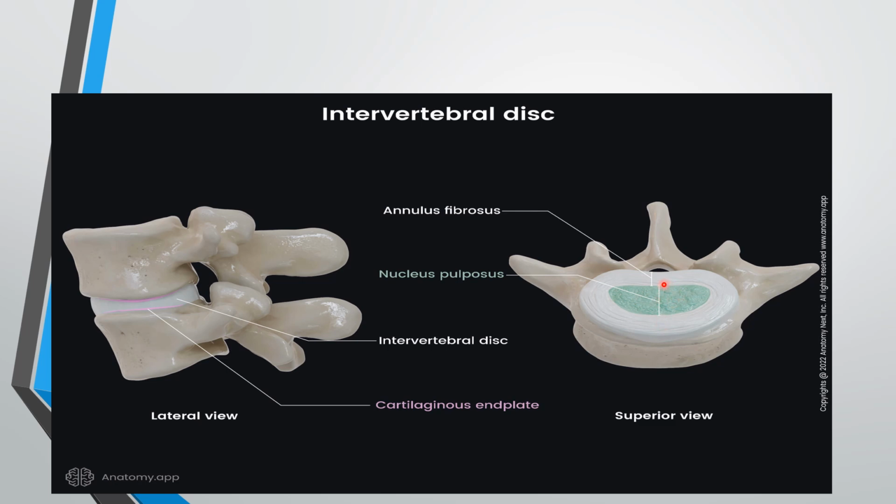So we have the central layer, which in the superior view is the central portion, the nucleus pulposus. We have the outer portion, which is the annulus fibrosus. Within the lateral view, we can see the cartilaginous end plates. So this is the end plate, mostly composed of collagen. Then you have the intervertebral disc itself.